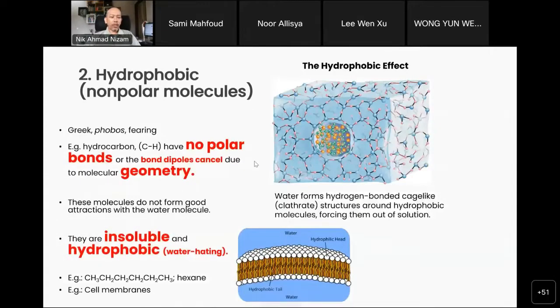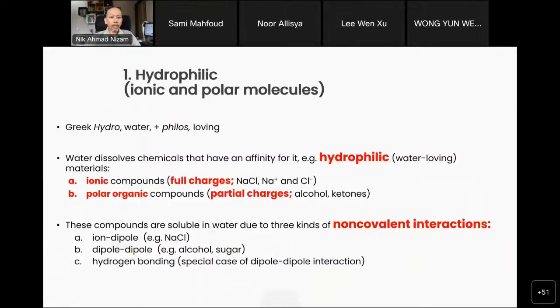This is hydrophobic. So before this, we talked about hydrophilic, right? So for hydrophilic, we have three interactions: ion-dipole, dipole-dipole, and also hydrogen bonding. Now we look at the hydrophobic. Hydrophobic is non-polar molecules, like I told you. Hydrophilic is polar molecules or ionic molecules.